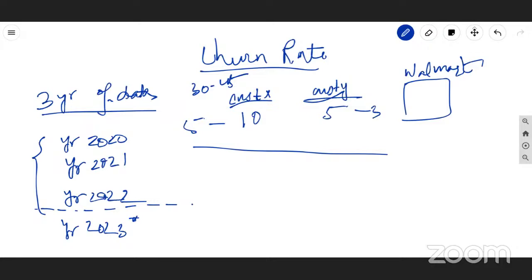So you need to do a lot of analysis to segment out those customers who are high budget, those who are medium budget, and low budget customers.